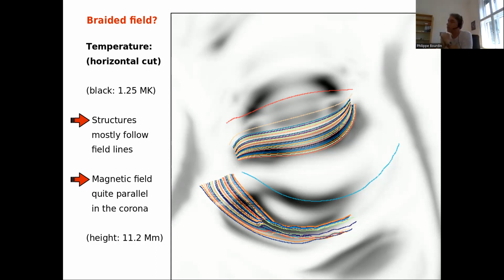And that can also be explained. The field being quite parallel in the corona is only a consequence of the much higher Alfvén travel speed in the corona as compared to the lower atmosphere. When you start braiding a field from the photosphere, you may have a braided field in the chromosphere, but these perturbations travel along the field with a certain speed, which is low, maybe 10 to 100 times lower than in the corona.